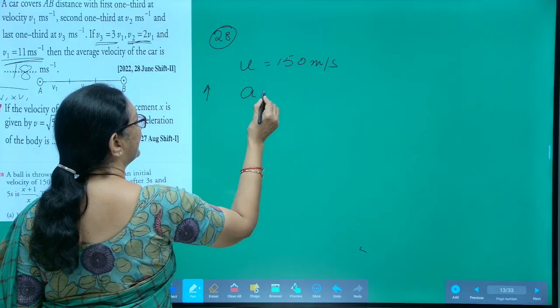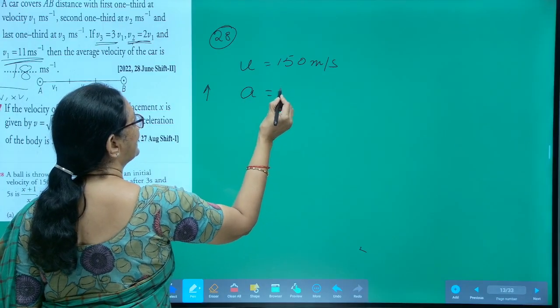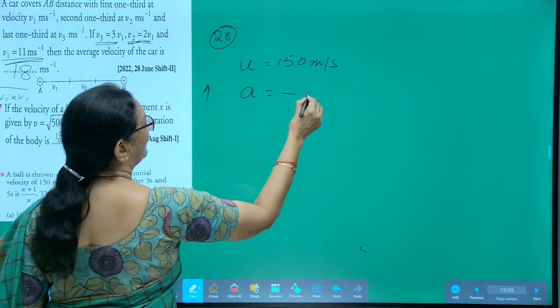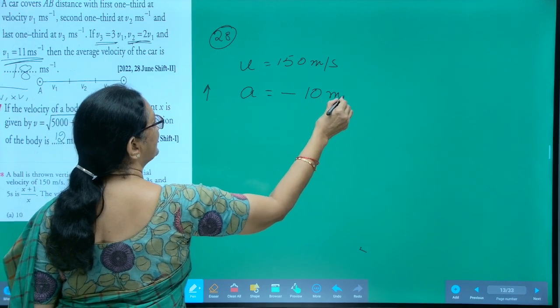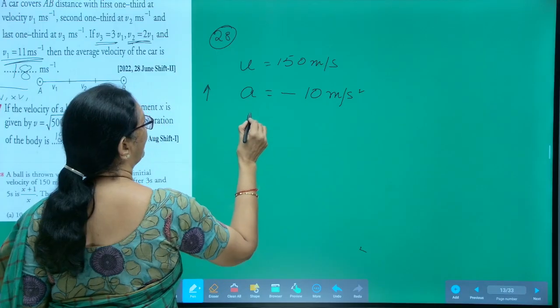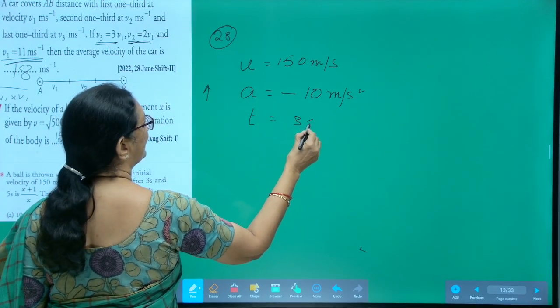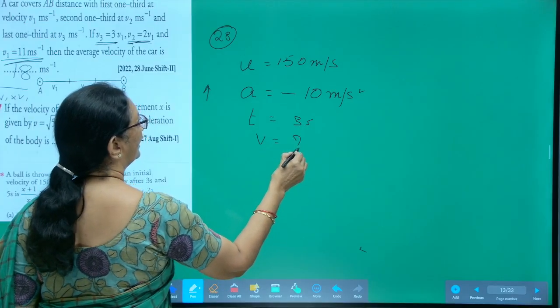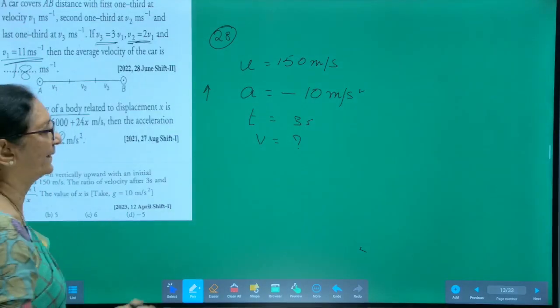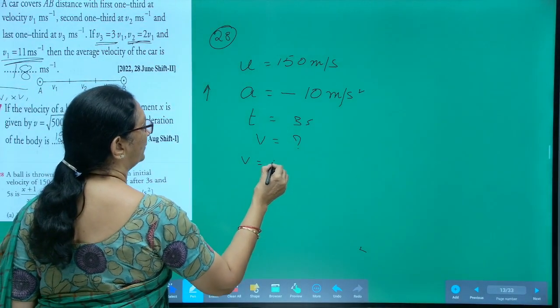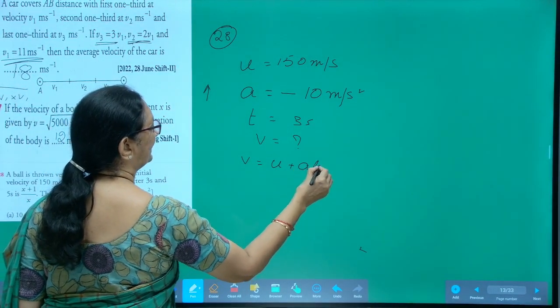In case of vertical projection, a is equal to minus g. Value of g is given as 10 meter per second square. When t is equal to 3 seconds, what is the velocity? What equation connects them? v is equal to u plus at.